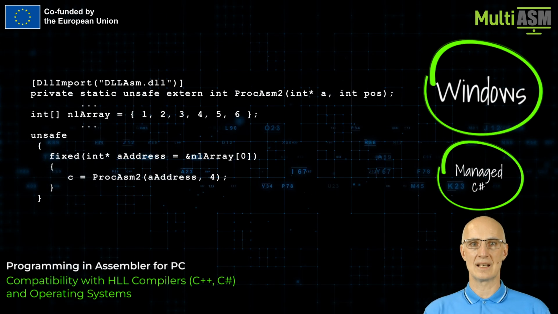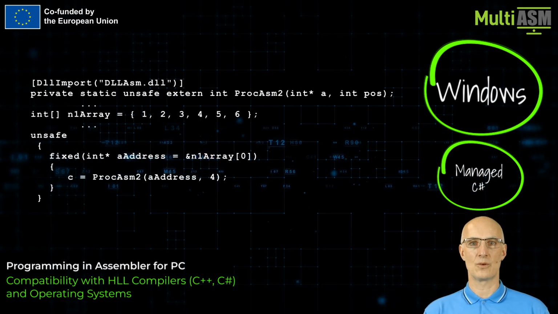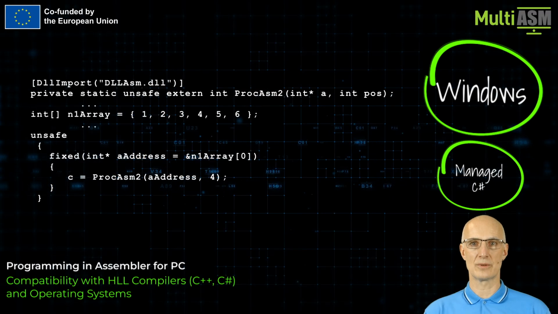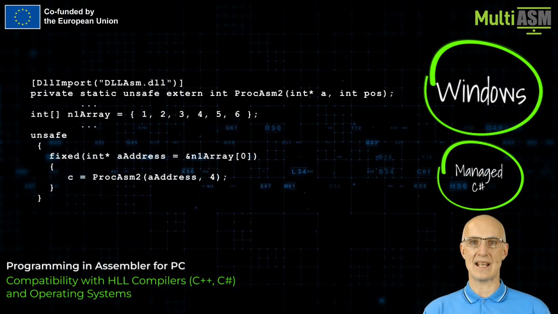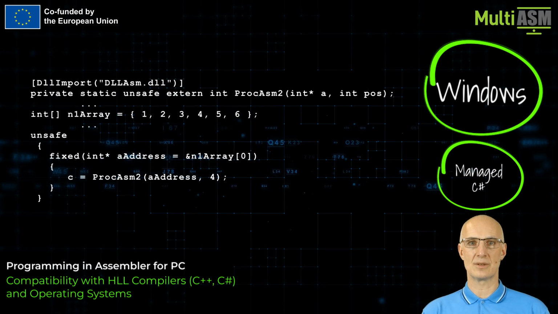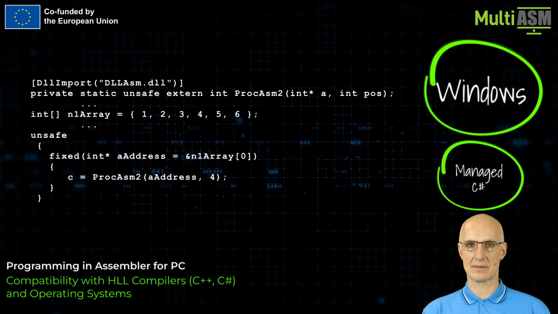For this reason, it is very important to follow the strict rules. 1. Code sections calling unmanaged code should be marked as unsafe. 2. And each argument passed to the assembler code should be marked as fixed, as in this example.